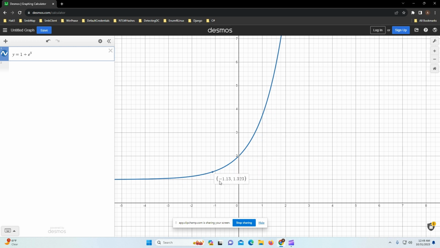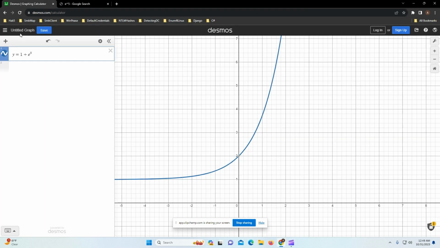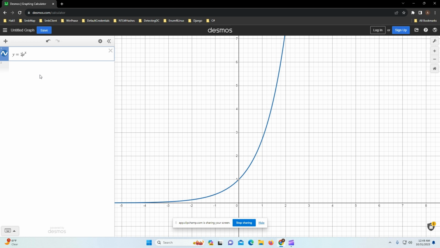And if you're confused about this, it's because say e to the power of like 5 or something, we're just adding 1 to that. Like we're adding 1 over and over again, and eventually we get to 2, and then we start going up, right?